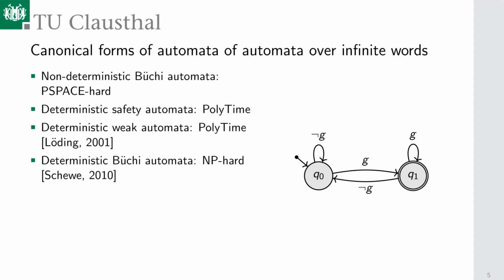With deterministic Büchi automata being NP-hard to minimize, this also applies to deterministic co-Büchi automata, which accept all words for which the corresponding automaton runs visit marked states only finitely often. When interpreting the example automaton on the slide as such, it accepts words for which grinding occurs only finitely often.